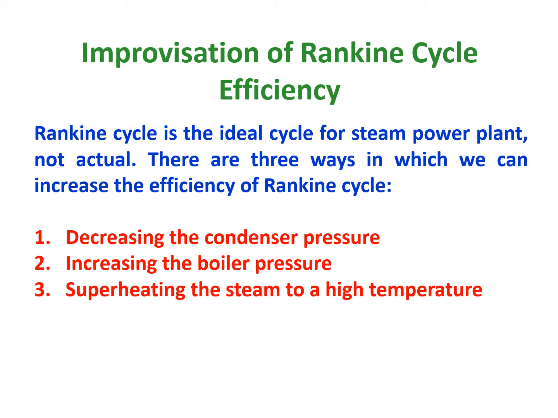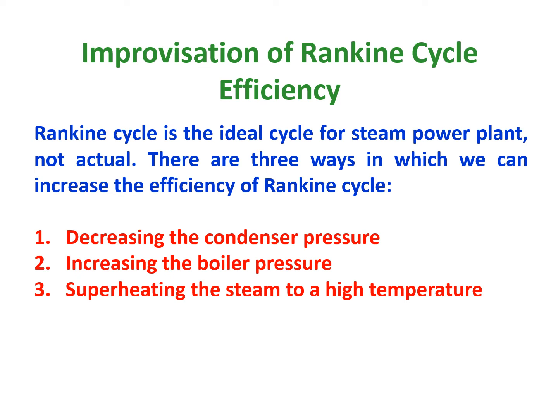There they are getting around 40% efficiency, whereas here we are getting 35 to 38%. What are the ways and methods to improve the Rankine cycle or power plant efficiency? Across the globe, they have identified that by implementing three principal changes, we can improve the efficiency of the Rankine cycle.